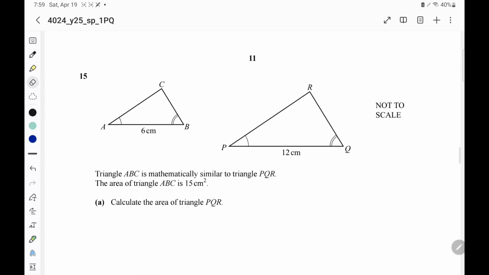Next question 15. Triangle ABC is mathematically similar to triangle PQR.